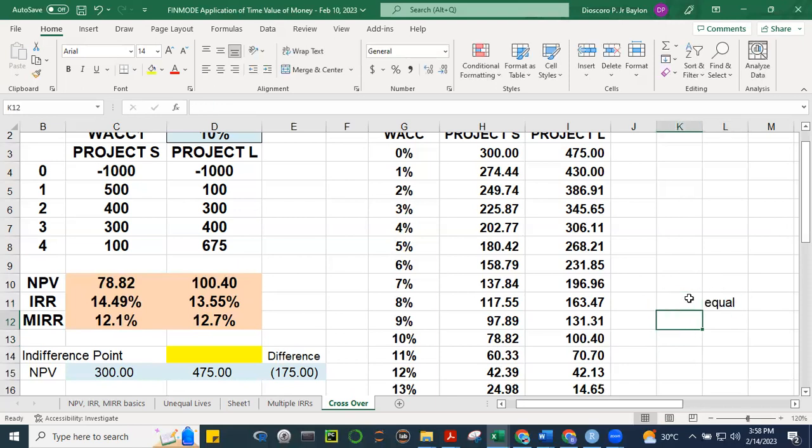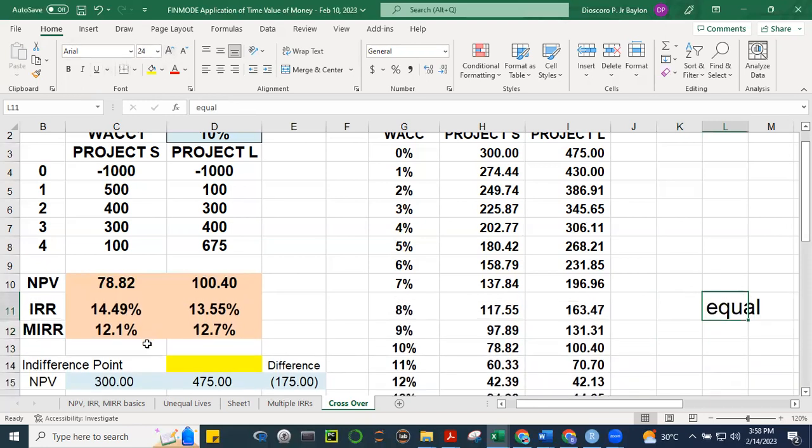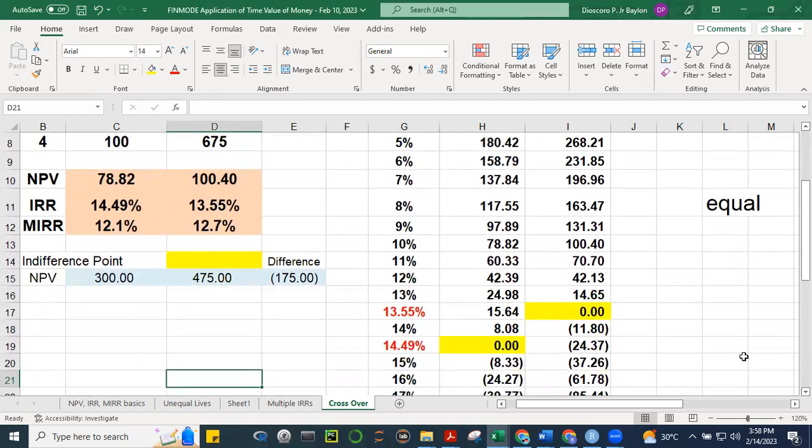Yun ang indifference point, class. Napakasimple, di ba? Kung ang NPV ni S 200, ang NPV ni L 200, okay, pareho lang. Kung ang NPV ni S 300, ang NPV ni L 300, then anong choice natin? Whatever, kasi pareho lang naman yung NPV nila. Class, do you get me please? Pakichat naman kung maliwanag yung concept na yon, yung point of indifference natin.